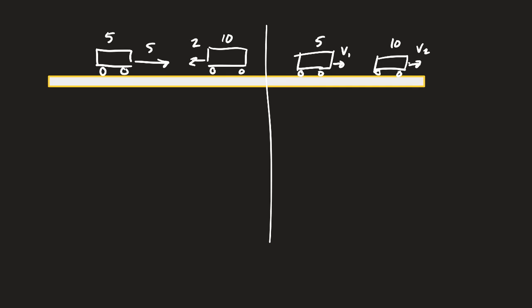If you have a collision and it's merely inelastic, not perfectly inelastic, then momentum can only generate one relationship. 5 times 5 plus 10 times -2 equals 5v1 plus 10v2.